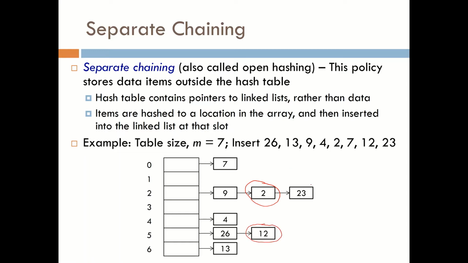And finally, the value 23 collided with both 9 and 2, and is residing in the same linked list as those other 2 values.